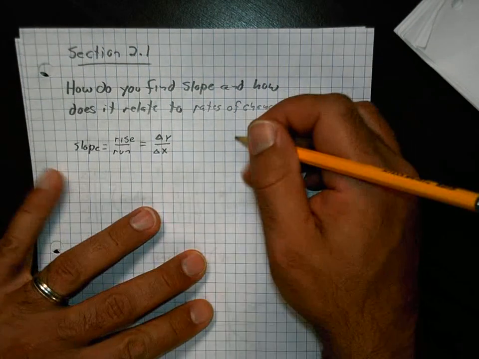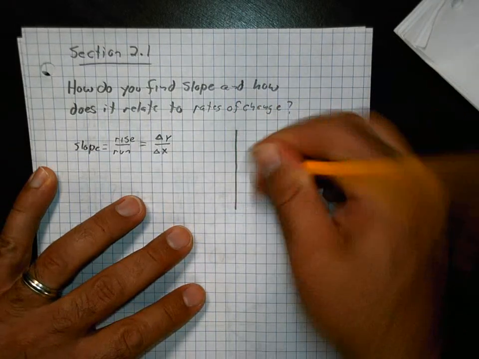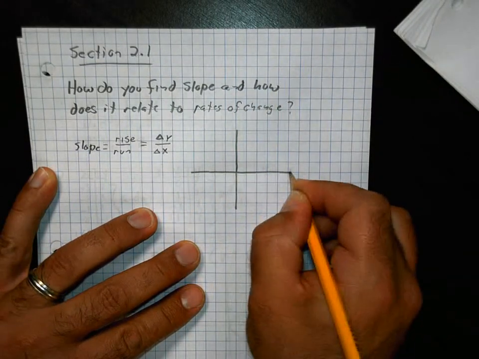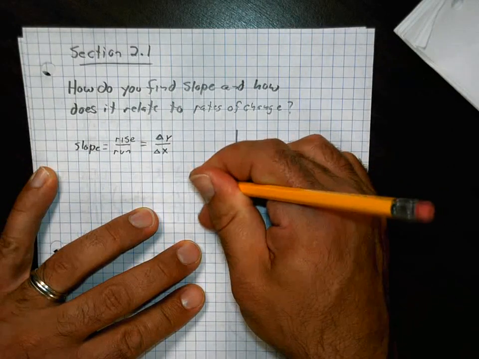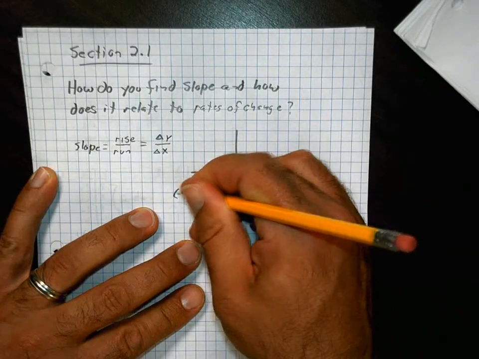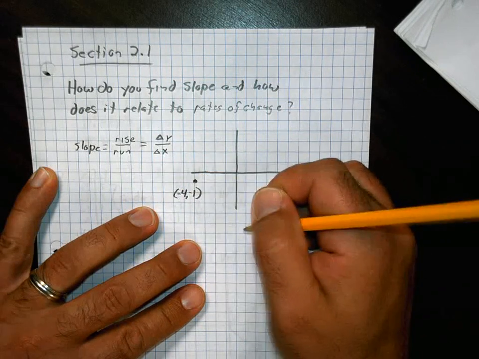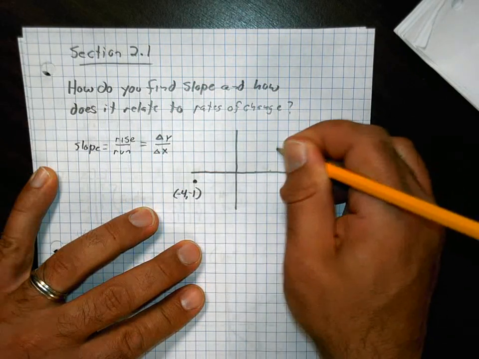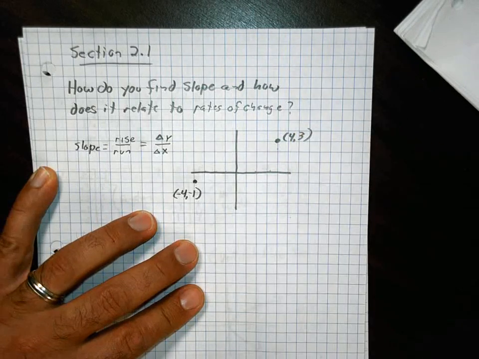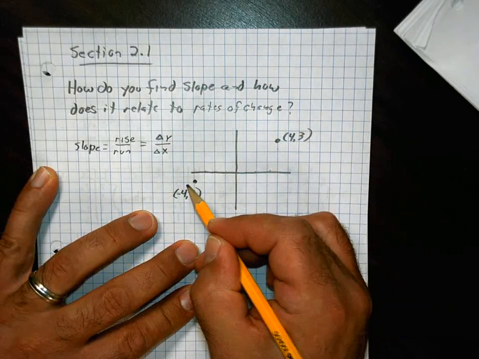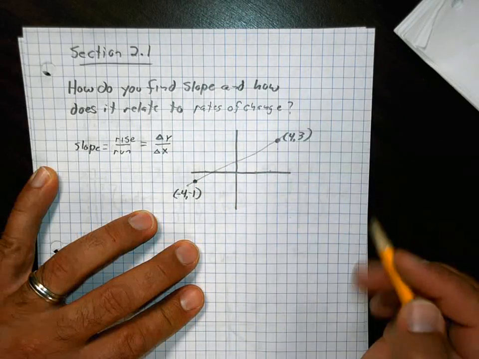So for example, let's just plot something. So let's go right here, -4, -1, and 4, 3. In the past you may have connected these points.